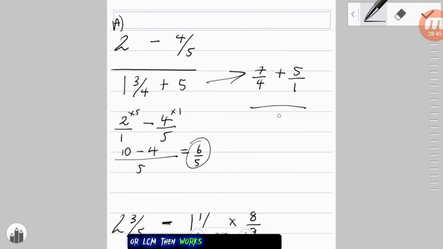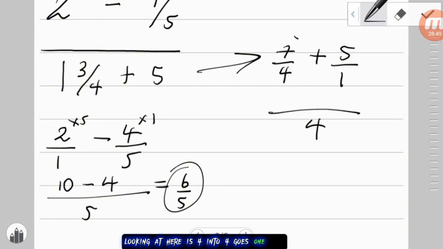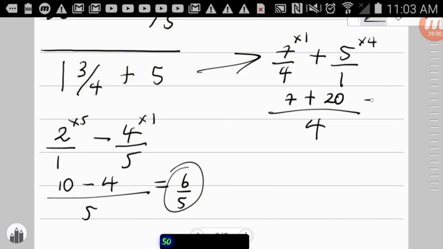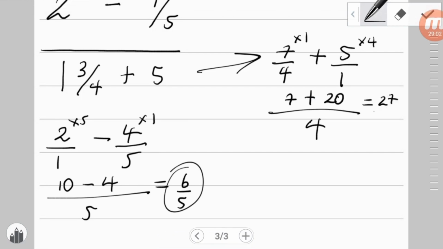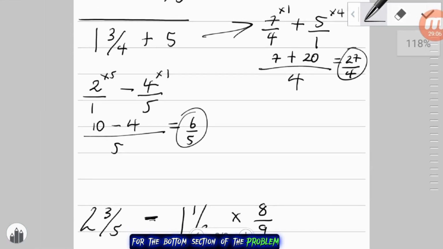Our LCM then works out here to be 4, and so therefore what we're looking at here is 4 into 4 goes 1 time, and 1 into 4 goes 4 times. So we simply end up here with 7 times 1 is 7, plus 5 times 4 is 20. So we end up with 27/4. That becomes the answer for the bottom section of the problem.